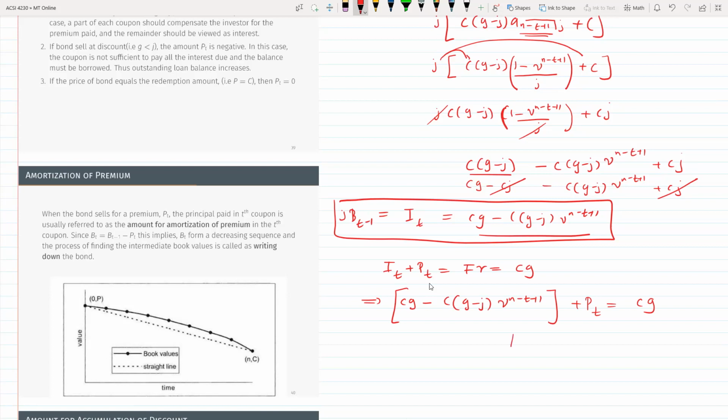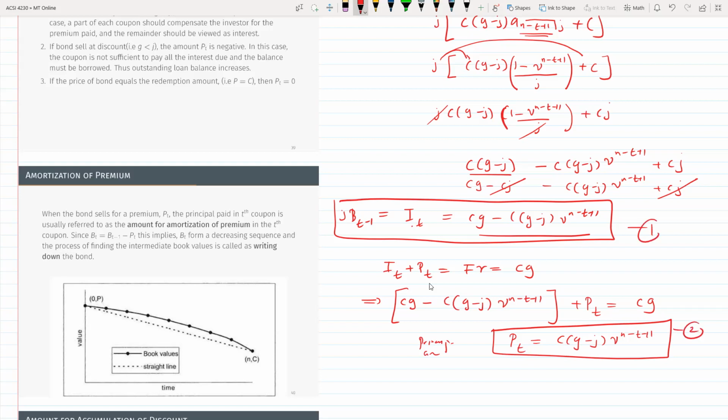So now I can solve for PT, the principal amount, and you can see that it is C times (g minus j) v to the N minus T plus 1. It's a nice formula. This one is interest, this one is principal amount. And when you add 1 and 2, which is IT plus PT, as we always know, that should be equal to the coupon payment.